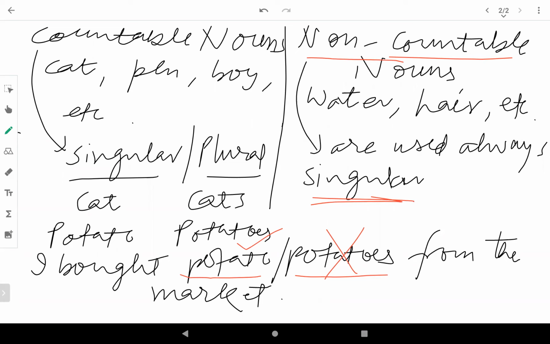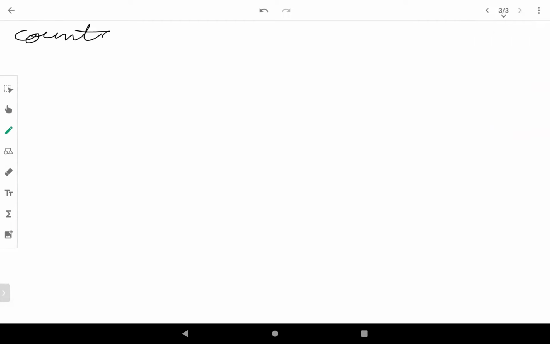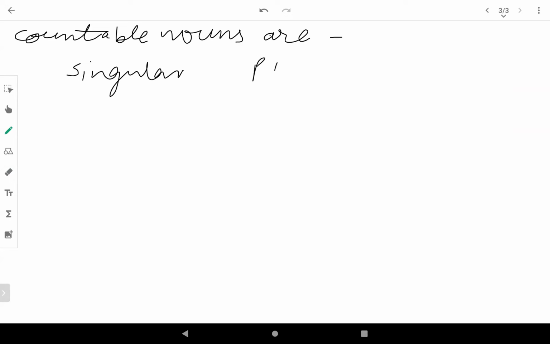So moving on, next example. Now in common noun, I have already told you that countable nouns are singular and plural.